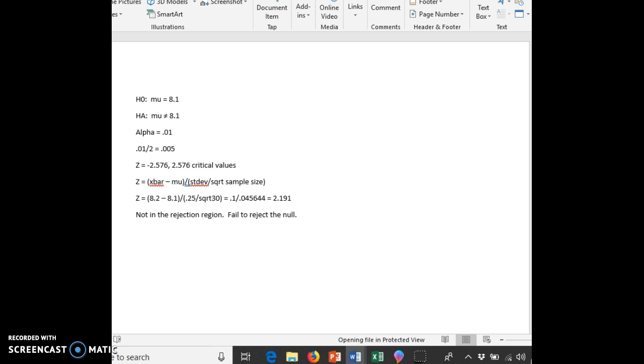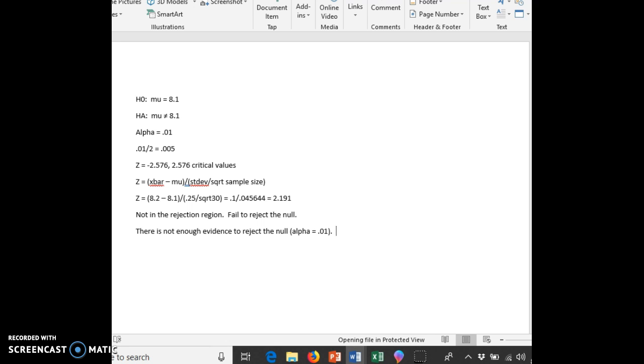Since we failed to reject the null, let's now make our conclusion. There is not enough evidence to reject the null, and alpha is equal to 0.01.